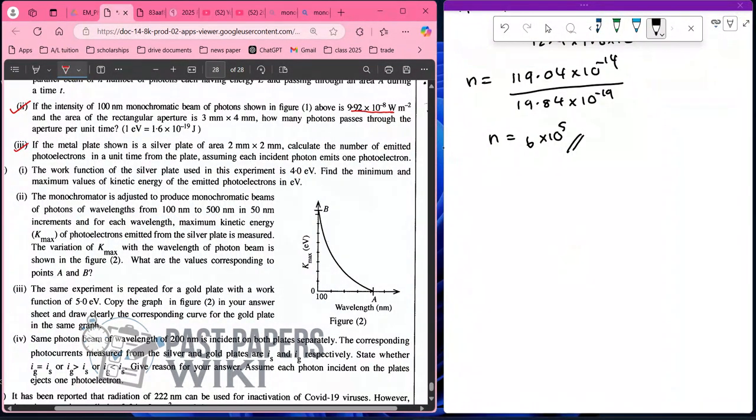For the third one, the number of photons passing is 6 into 10 to the power 5. They have given us a new area, that is 2 into 10 to the power minus 3 into 2 into 10 to the power minus 3. Out of the whole area we had before, they have mentioned a certain specific region, not the total area.